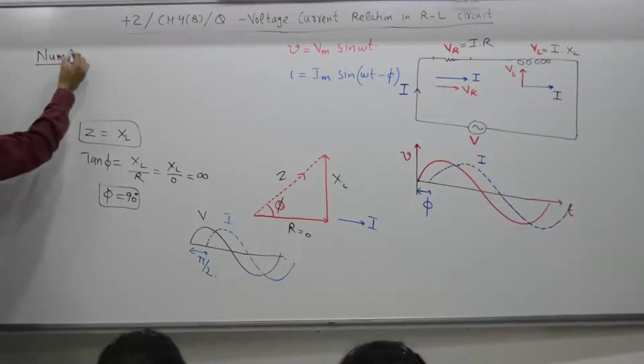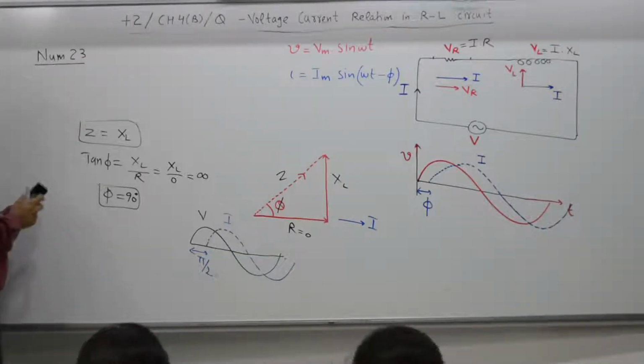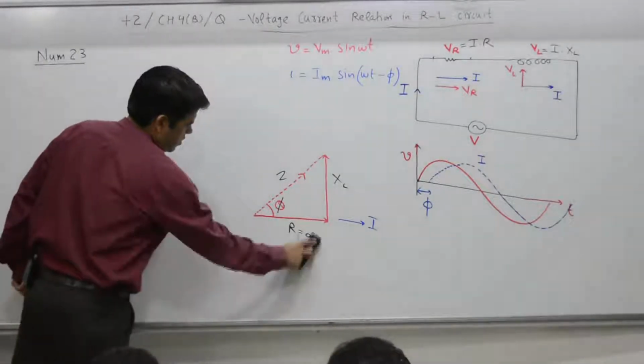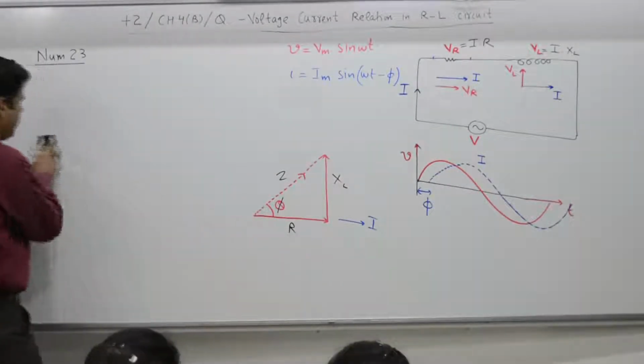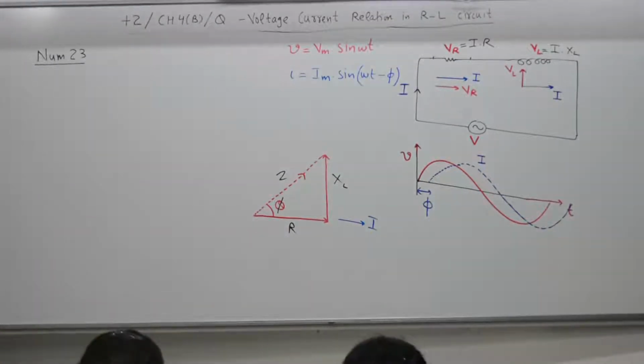Numerical number 23. Please refer to the book. The question is, when a series combination of inductance and resistance is connected with a 10 volt 50 hertz AC source, a current of 1 ampere flows in the circuit.